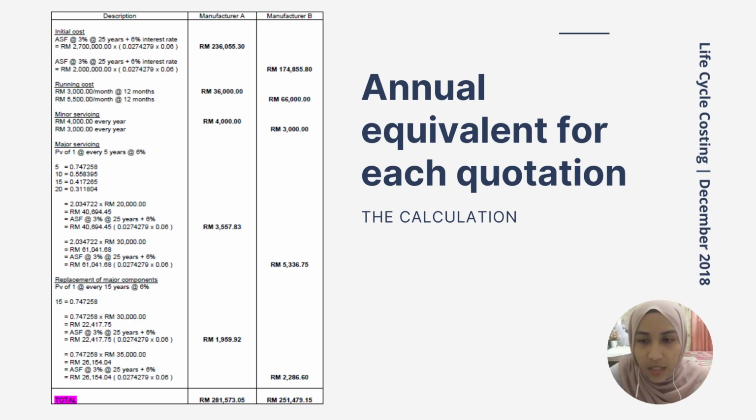Annual sinking fund at 3% at 25 years plus 6% interest rate, then equal to 5,336 and 75 cents. Afterward is the replacement of major component. The details given that manufacturer A and B are the same, every 15 years.